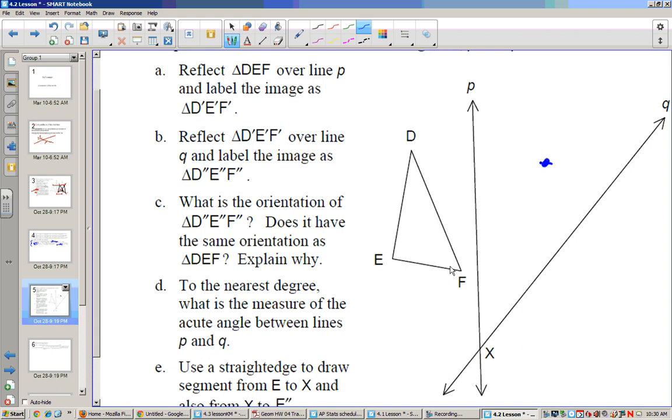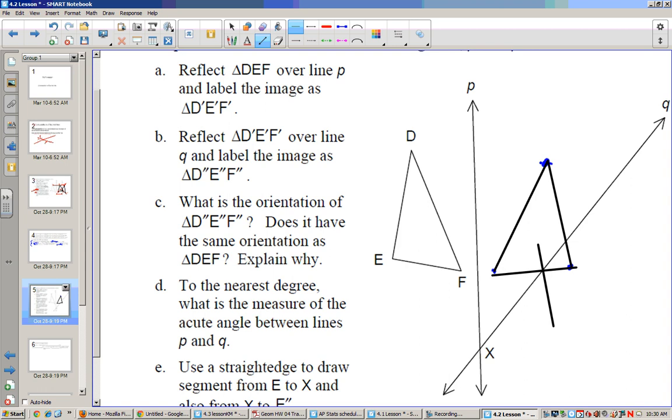Now I'm just going to do as good of a job as I can here. And then this one would be there. Something like this, where we have F, D prime, E prime.